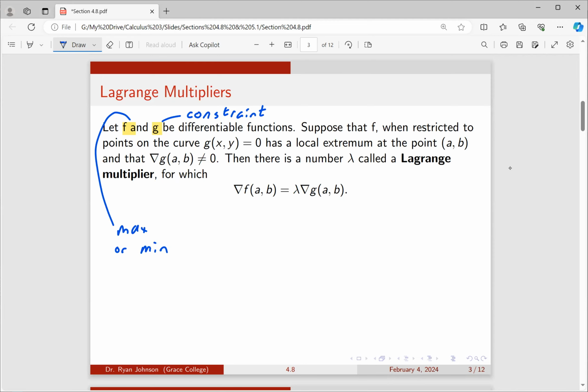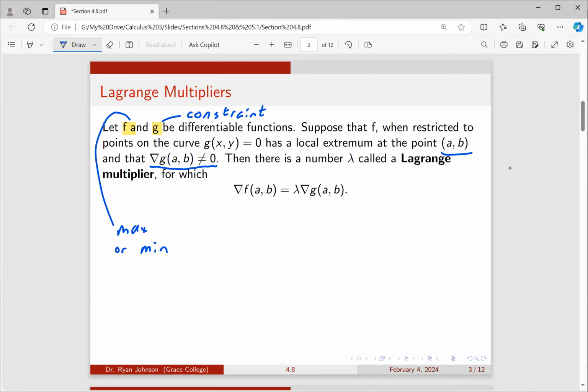So I want to turn that constraint into everything on one side of the equation, zero on the other. Then my function is going to have a local extrema at a point (a, b), as long as the gradient of g is not equal to zero.